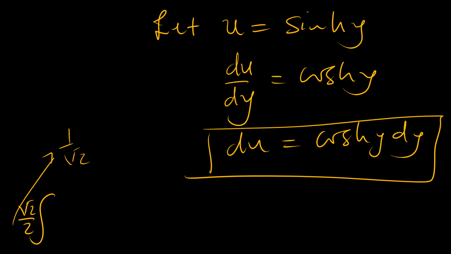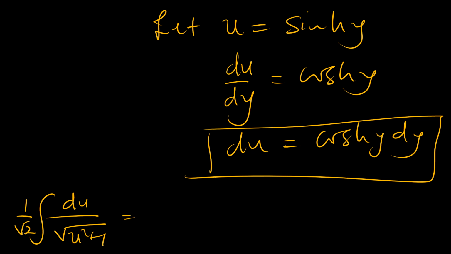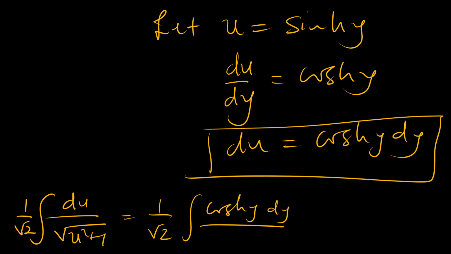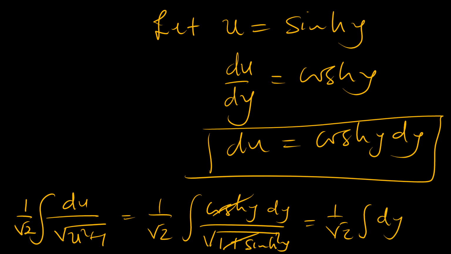So I'll just go ahead and delete that and say okay, it's the same as 1 over root 2 times cosh y dy over the square root of 1 plus sinh squared y, which is equal to just 1 over root 2, because this and that would cancel based on the identity we have, so we have the integral of 1 in the y domain.